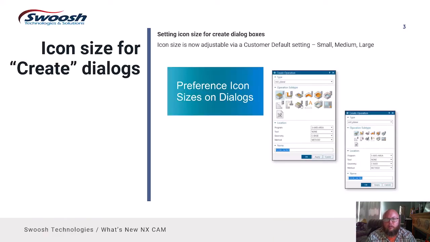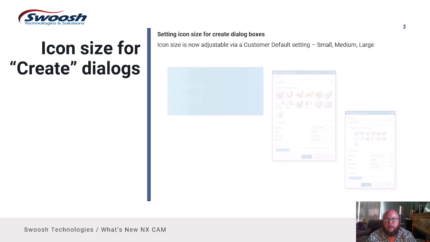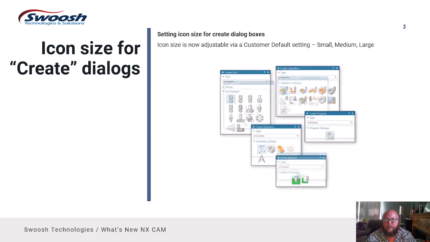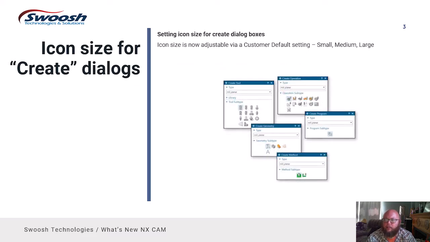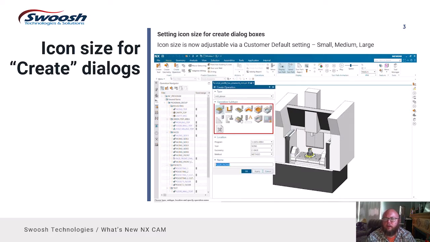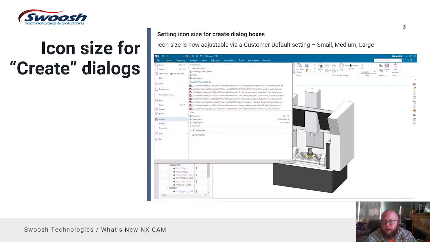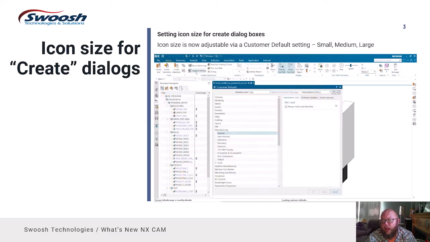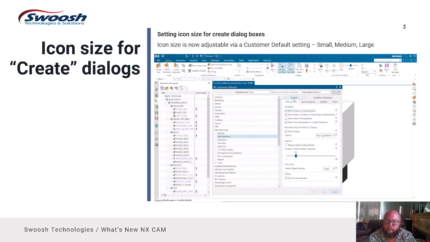Diving right in, the first topic we're going to discuss is the ability to change our icon size for manufacturing create dialogues. All of the dialogues for creating tools, geometry, operations, and methods can now be influenced by a customer default setting under utilities, customer default, and we can specify between a small, medium, and large setting.